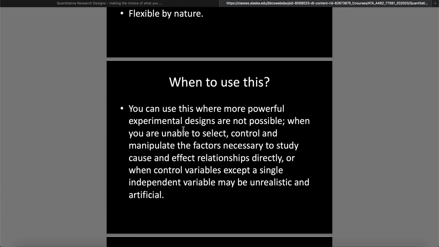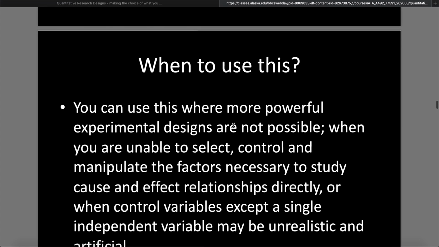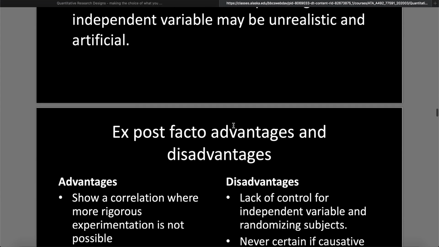So ex post facto is really good for when you can't use experimental designs where you're seeing an effect between two sets of data, let's say, or two sets of people, groups, or two sets of variables and trying to manipulate it. Or you can't control factors, or you have data that's already out there that hasn't been looked at in terms of correlations and relationships, and you're trying to find out the best way to examine it.